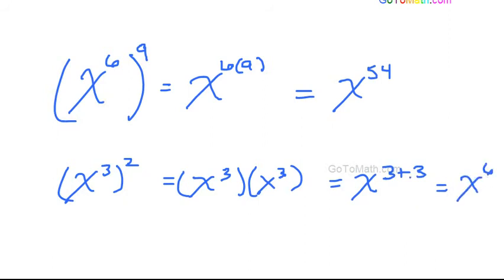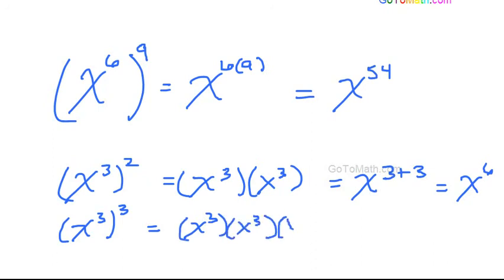See that? And so let's do this again. How about if I had x to the 3rd cubed? And you'll see the pattern. So this is x to the 3rd times x to the 3rd times x to the 3rd. And so we have 3, and then plus 3 again.